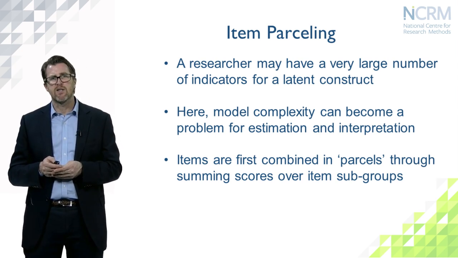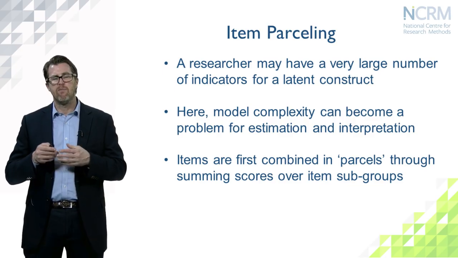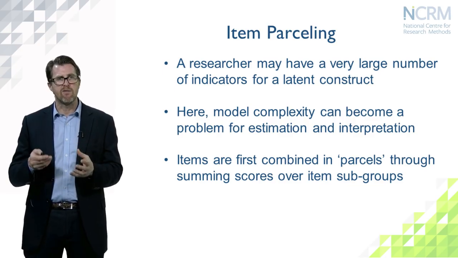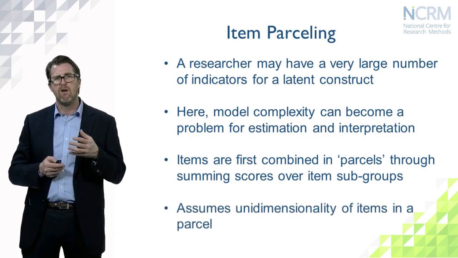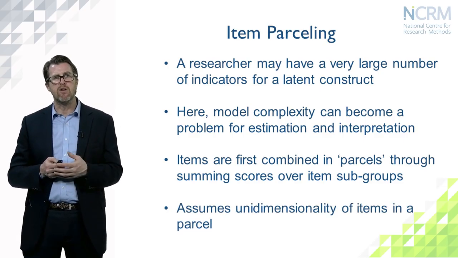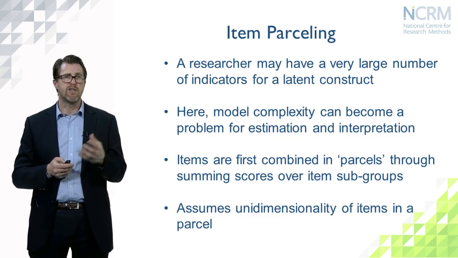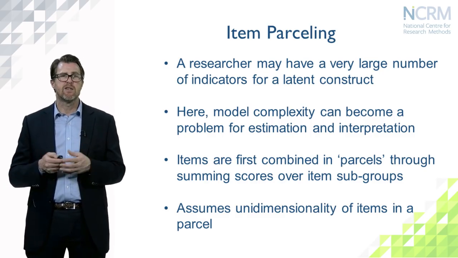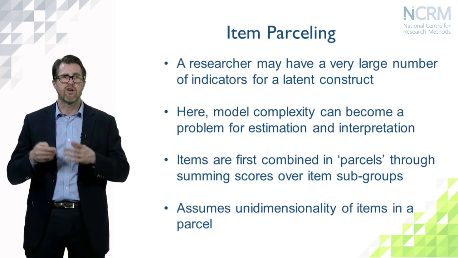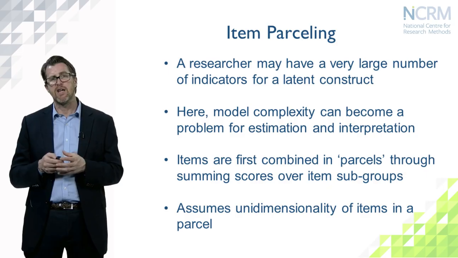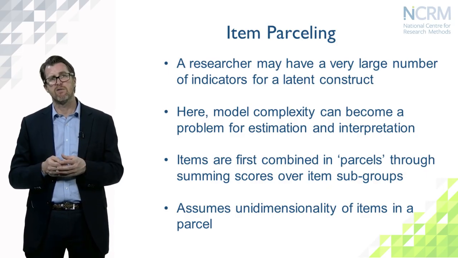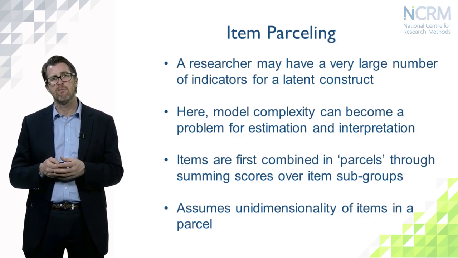So this is a parsimonious way of treating rather complex data. It does rely on some assumptions about the unidimensionality of the items in that parcel, but it is an approach that researchers who are in that context of having lots of indicators for their latent variables and large numbers of latent variables can pursue.